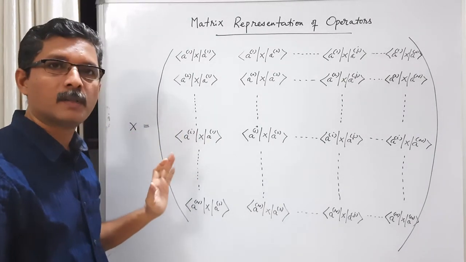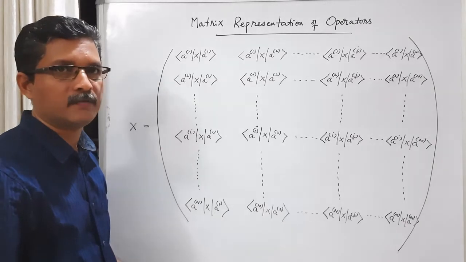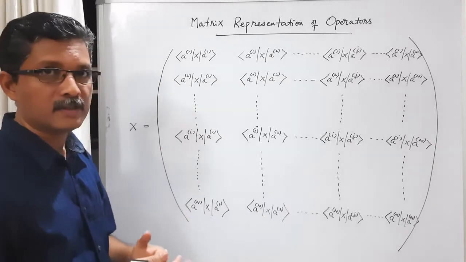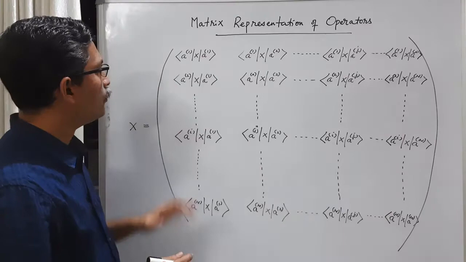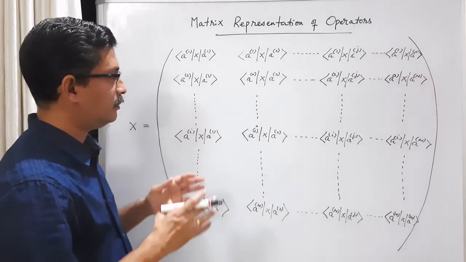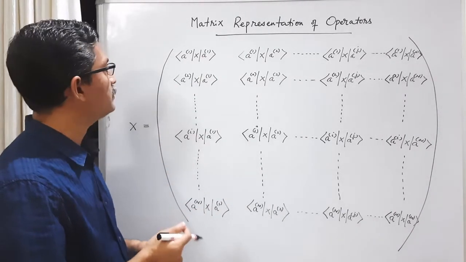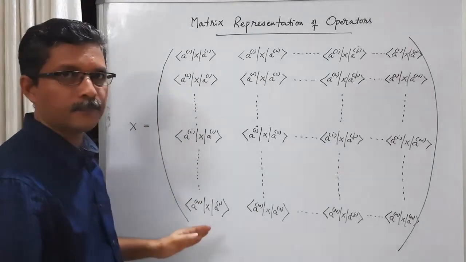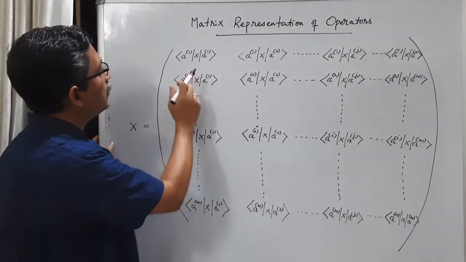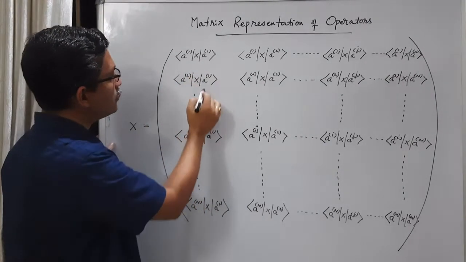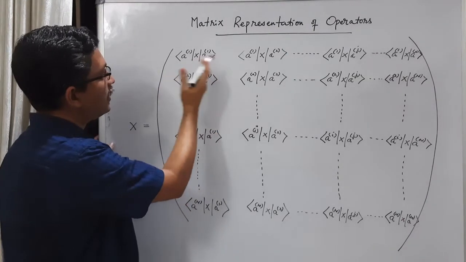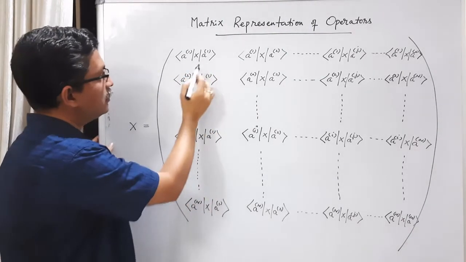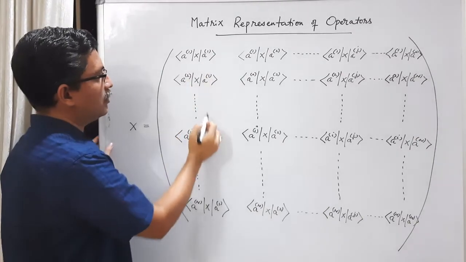So an operator is represented by a square matrix in a vector space in a given basis. Now let us understand the meaning of these matrix elements. Let us look at the first column. What is the ket here? Ket a1. The column index is ket a1.